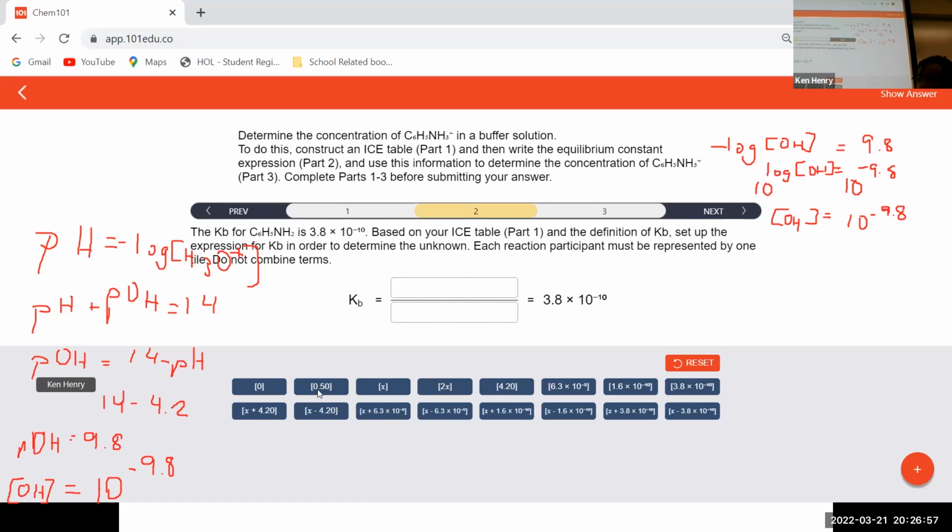So my bottom is going to be, what's going to be on the bottom? Is it 0.15? I'm sorry, 0.5. Okay, what's going to be on top?